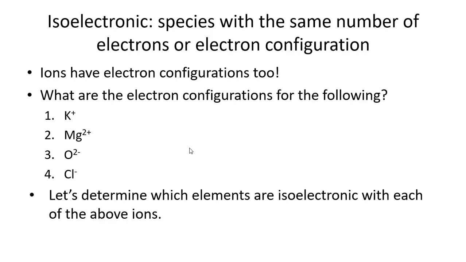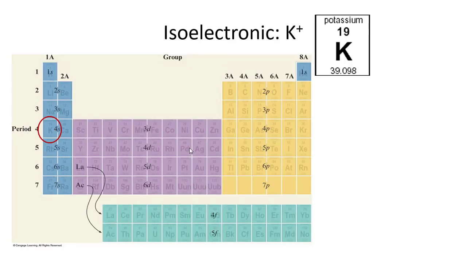All right, so all we're doing is figuring out which ions and atoms have the same number of electrons. Another way of saying that is which ones have the same electron configurations. So let's try 4 of them and see what we can learn.